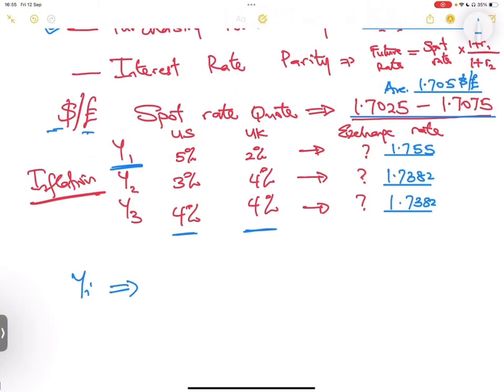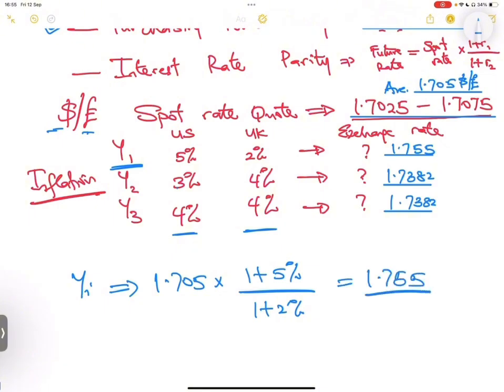So the spot 1.705 multiplied by 1 plus the inflation rate, which is 1 plus 5%, then you have 2% in the UK. So 1.05 divided by 1.02, multiplied by 1.705. And that's how we have 1.755.